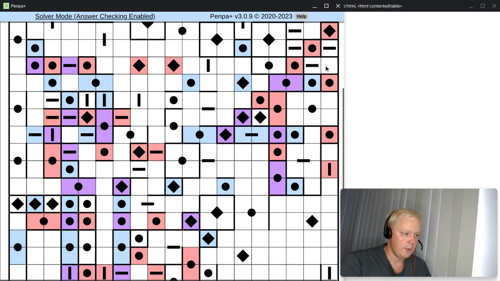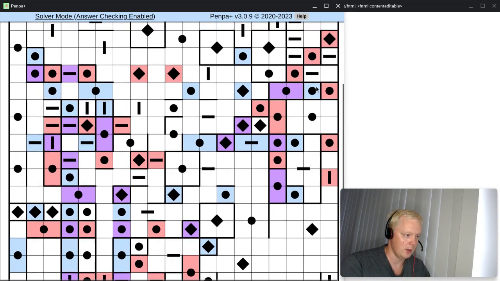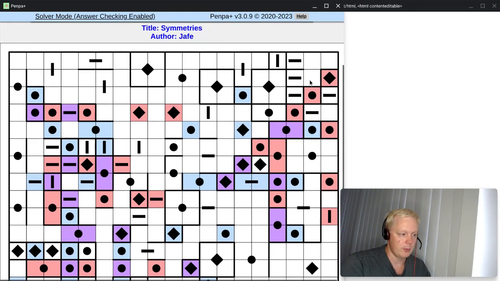What else? This cell must be part of this, but we already have a room here that is fully walled, and this is symmetrical along this horizontal line. What about this room here? It can't be part of this symbol, even though this symbol can still reach it. That would mean, if this is part of it, there would have to be a counterpart cell here to make a symmetrical room along this axis.